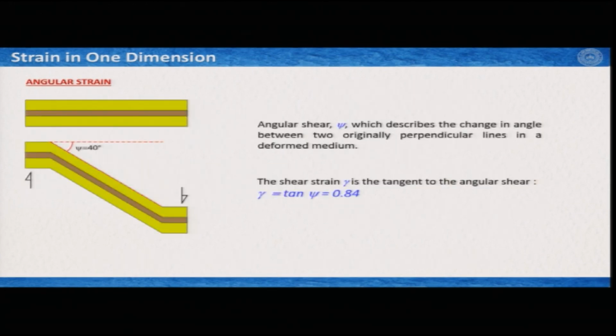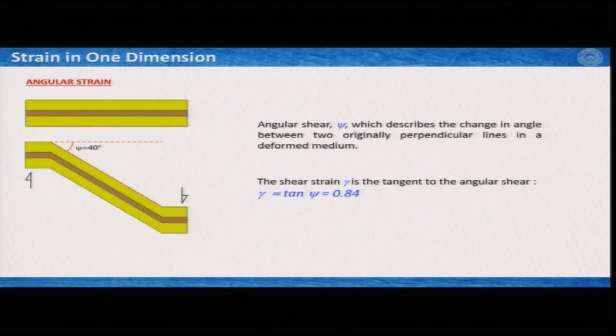Now angular strain is defined as some sort of deformation which is not linear. So angular shear, which in this diagram is phi, and in this case is 40 degrees, is the change in angle between 2 originally perpendicular lines in a deformed medium.